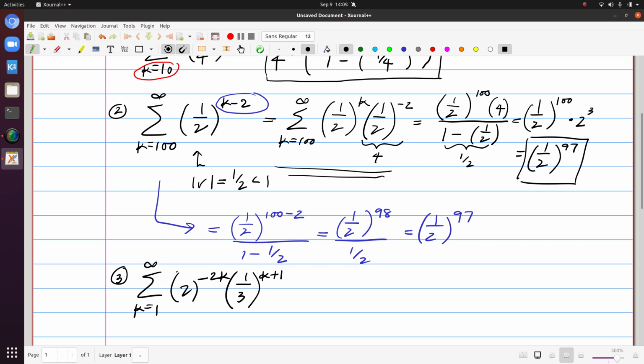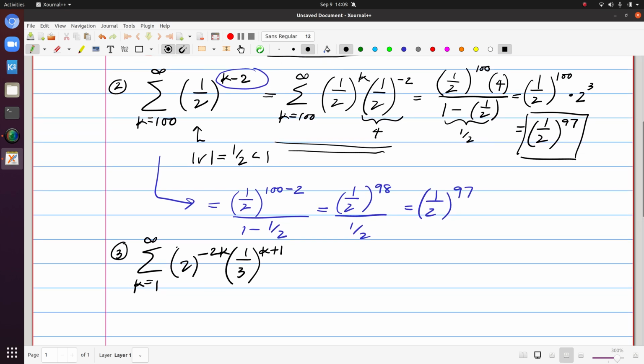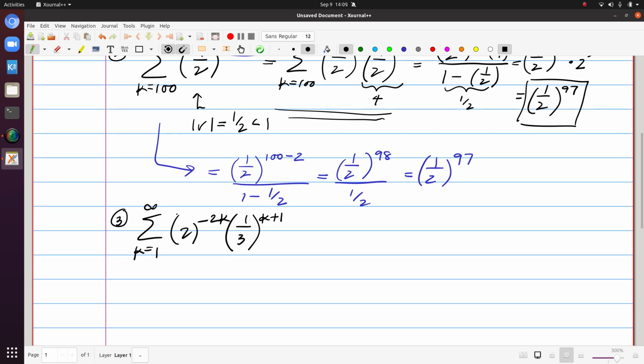So we have to use some algebraic properties here. And I can go about this again in a number of ways. A couple things to note here. 2 to the minus 2k is the same thing as 2 to the minus 2 raised to the k.